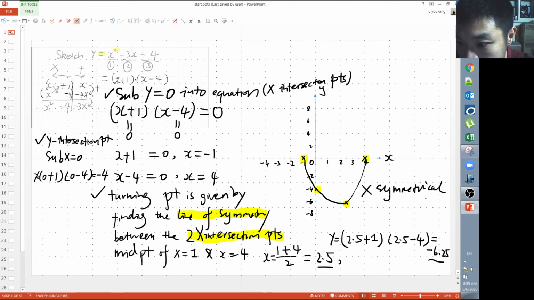All right, so when the curve doesn't look symmetrical, something is not right.